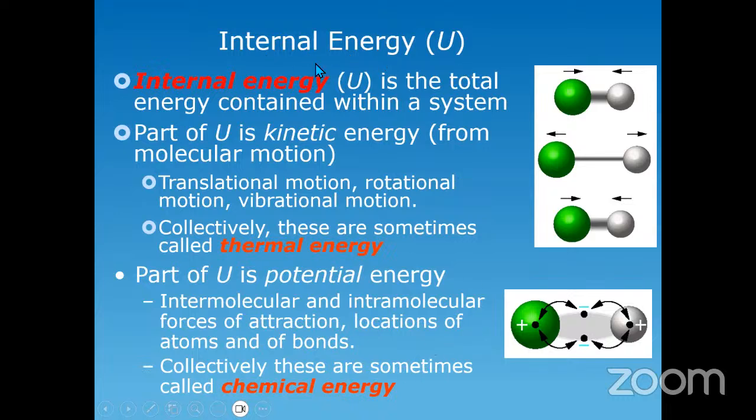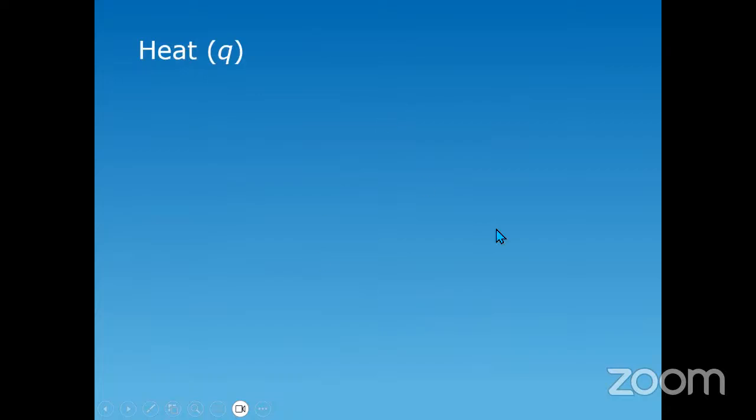So when it comes to internal energy, there are two types. You have the kinetic part, which would be translational, rotational, and vibrational, and then you have the potential part, which would be basically as a result of forces of attraction between atoms and ions. Okay, so that's internal energy.